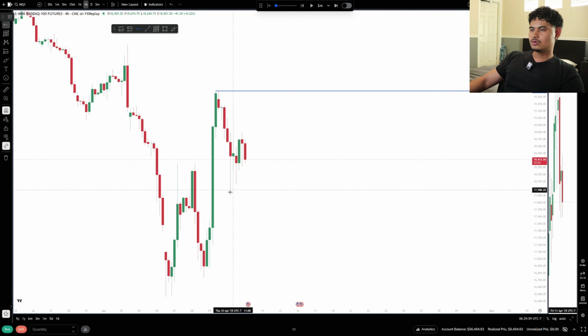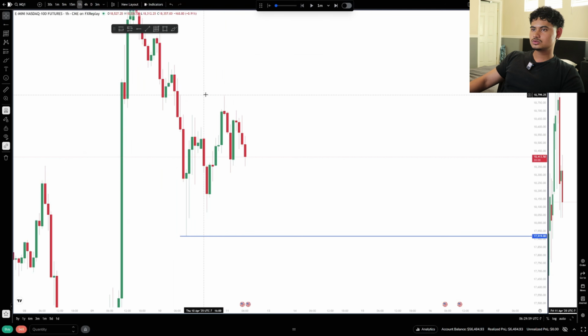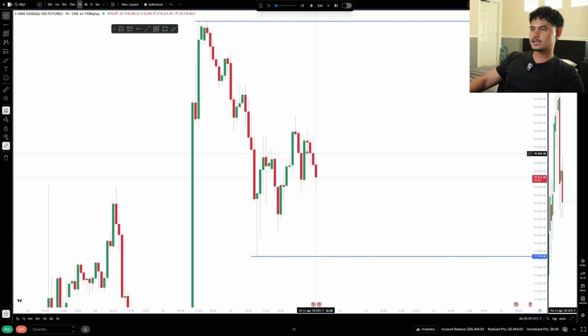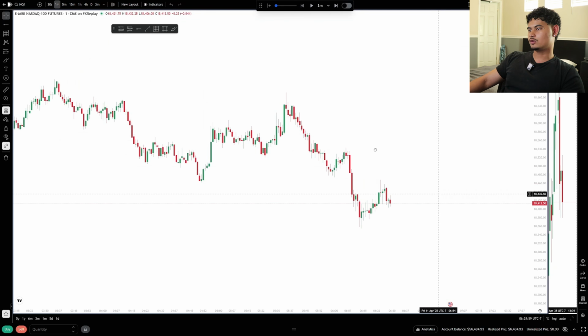So cool. It looks like we're trending down right now. We inverse this hourly right here. I want to see lower price action. But again, we have all this trendline liquidity right here. So let's just see what happens on market open.